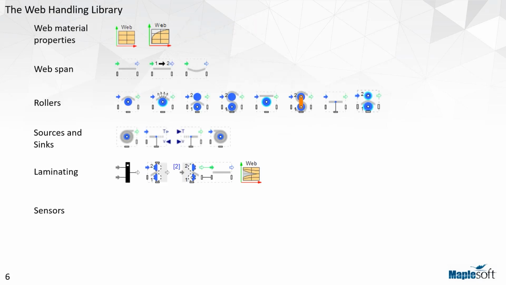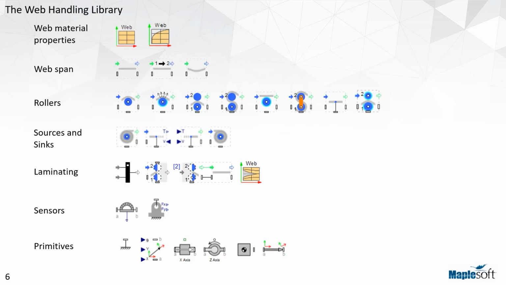So the web handling library, these are a few of the components that are within our web handling library. It is ever evolving. We're constantly adding new components and new parameters to the library. But as a quick overview, we have web properties that we can add in, whether they be linear or nonlinear web properties.